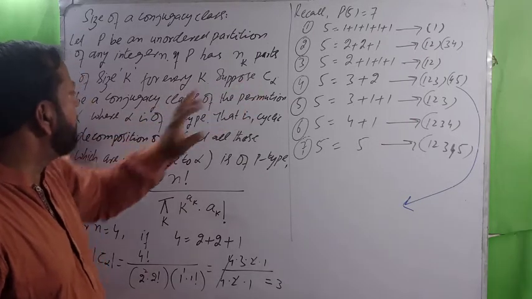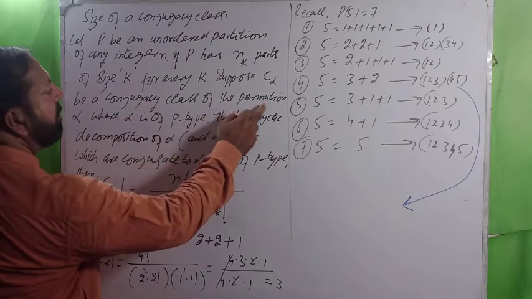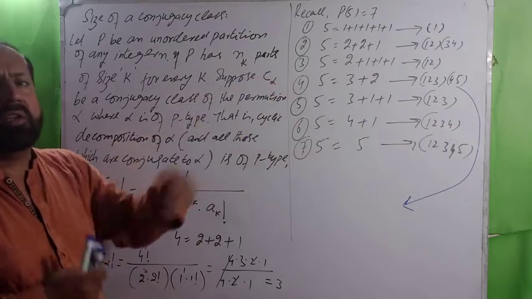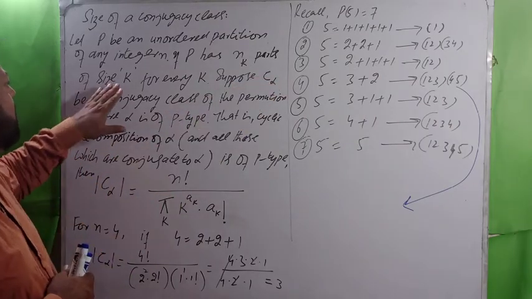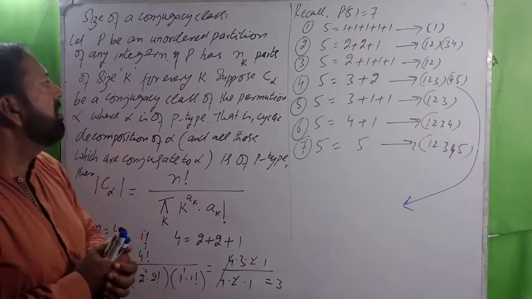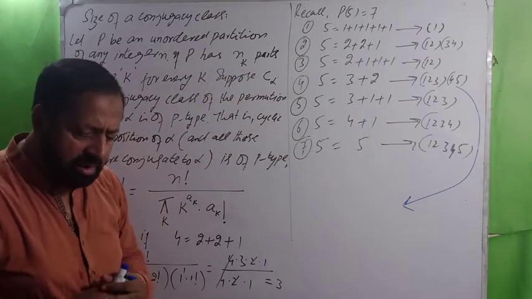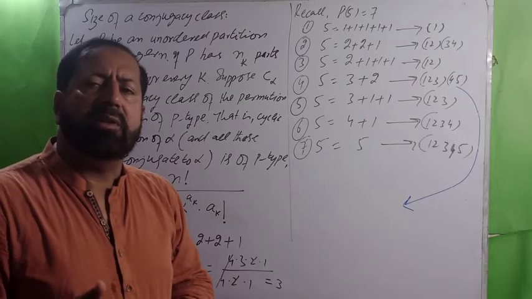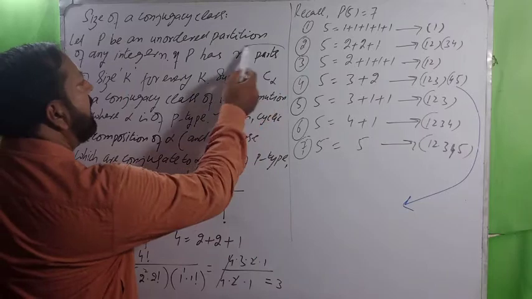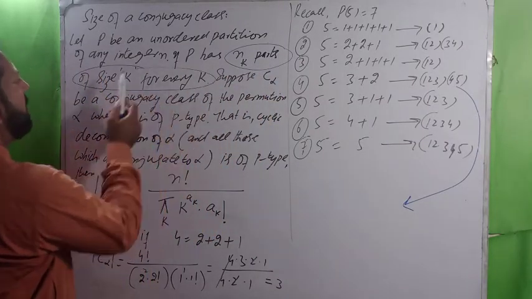So suppose C_alpha is the conjugacy class of the permutation alpha. Now C_alpha is the corresponding conjugacy class for which you are selecting a partition whose parts are n_k parts. Suppose n_1 parts have 1 element, n_2 parts have 2 elements, and n_k parts of size k for every k.